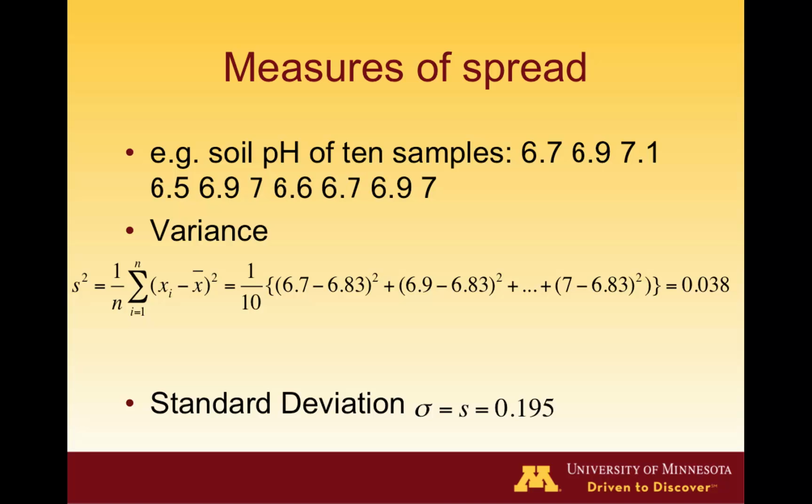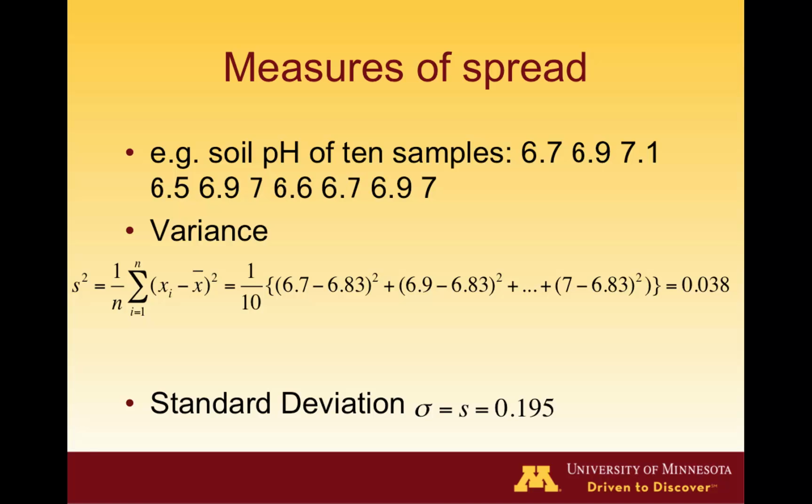So again, we use the same soil pH example. How to calculate the variance? You have n equals 10. You have 10 samples. Xi is every single value of the soil pH, and X bar is the mean of the soil pH.